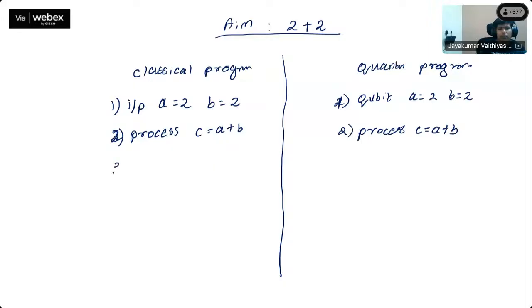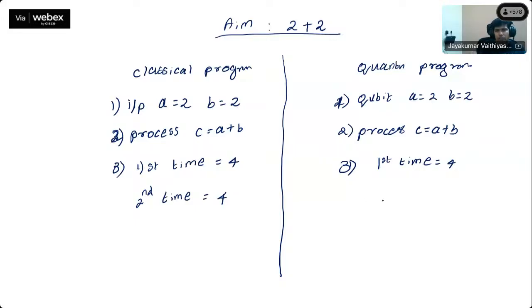But when you are executing the program the first time, you'll get output as 4. If you run it a second time in a classical system using Python or C++, you will also get 4.